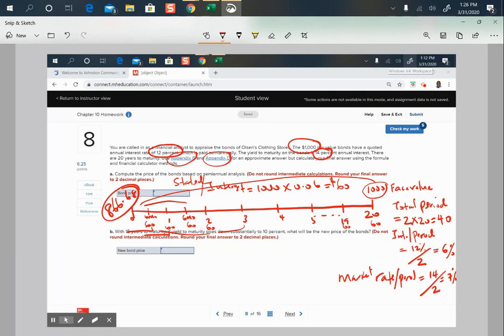With the second problem, you're told that with 15 years to maturity, if the yield to maturity goes down substantially to 10%, what will be the new price of the bonds?